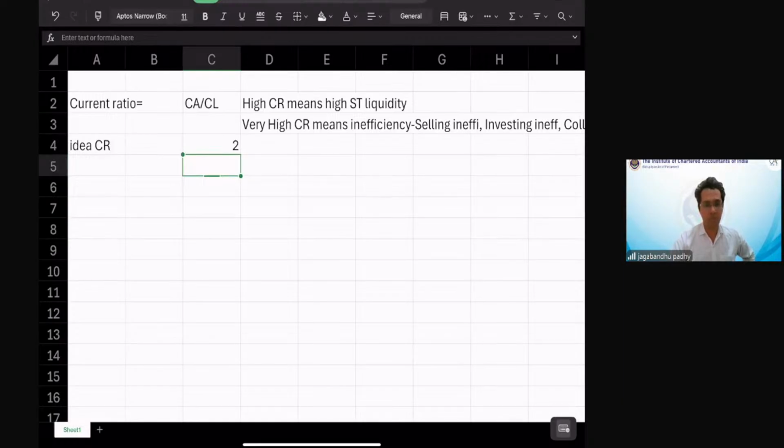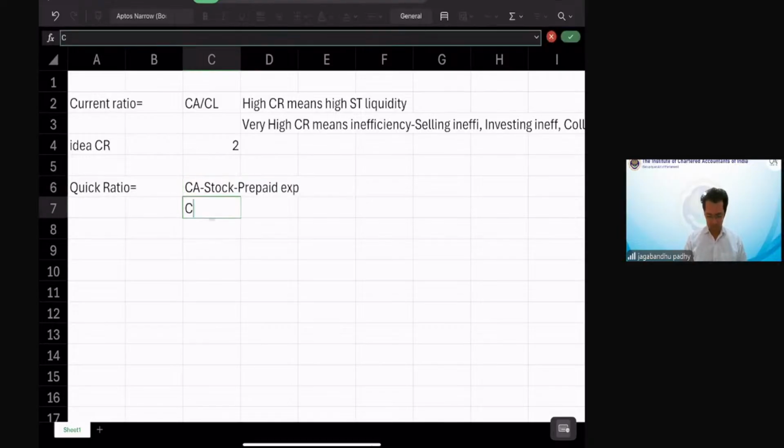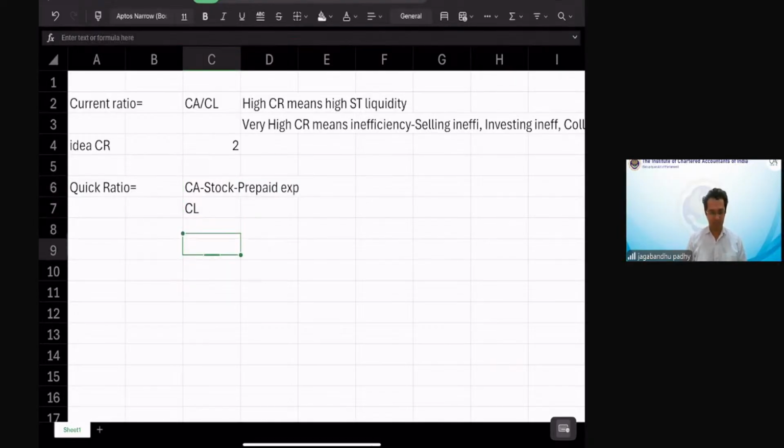Then we took it forward with another ratio, that was the quick ratio or acid test ratio or liquid ratio. So we had quick ratio equal to current assets minus stock minus prepaid expenses, divided by current liabilities.